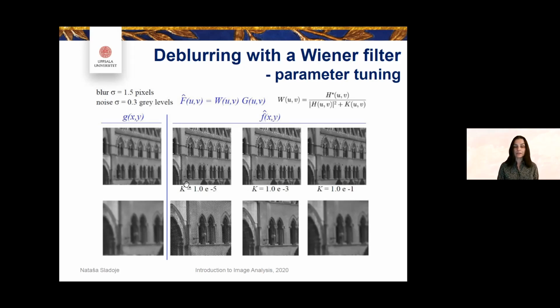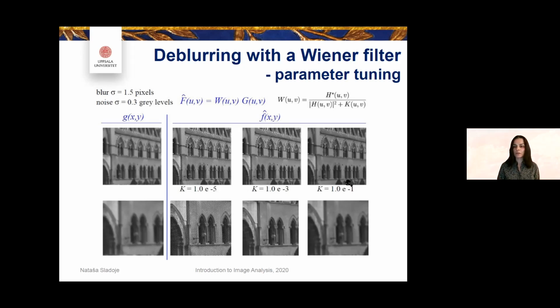And we can then observe the results of Wiener filtering and conclude that, of course, the result is affected by this choice of k. For the smallest value of k, we get this image which contains artifacts that quite clearly do not exist in the original image.